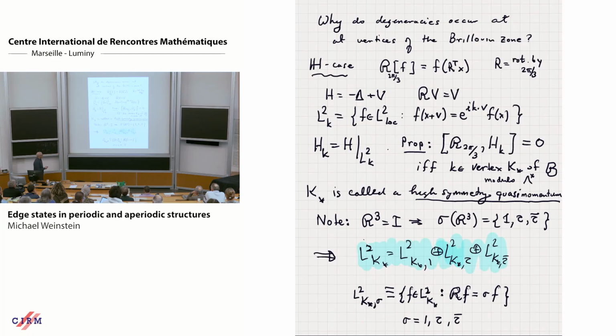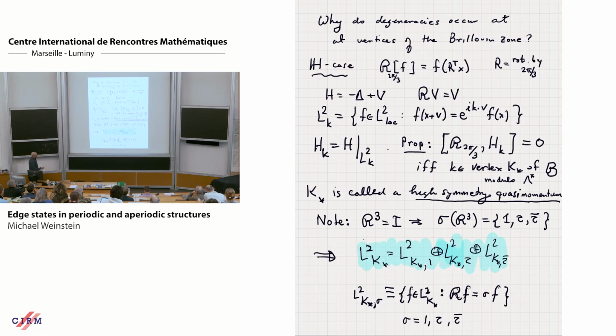Recognizing that, we now have an operator which commutes with the Hamiltonian, and in this case its cube is equal to the identity. The spectrum of an operator whose cube is the identity is going to have eigenvalues 1, τ and τ̄. These are points in the essential spectrum of this operator.